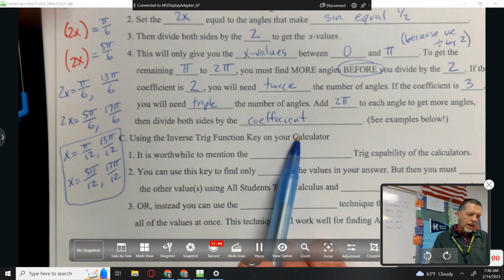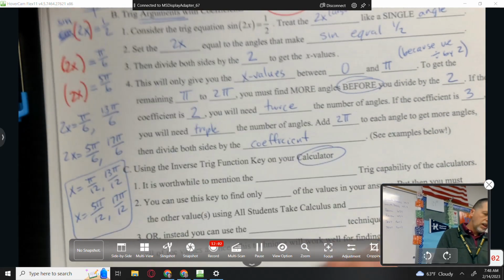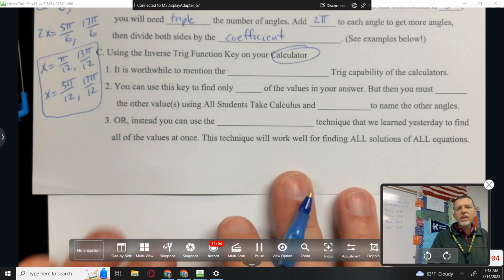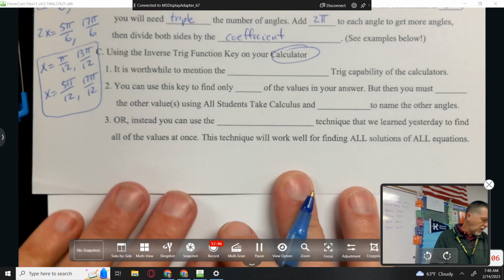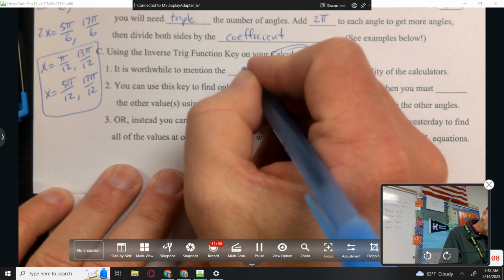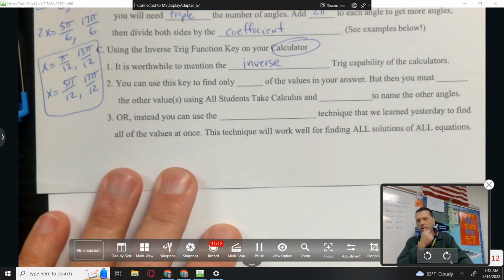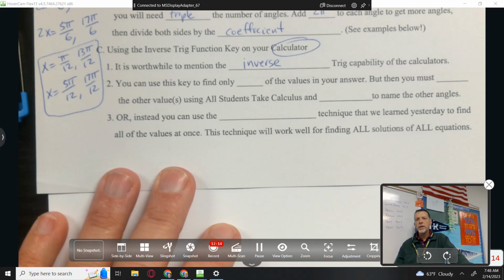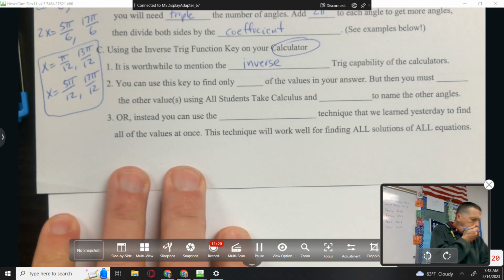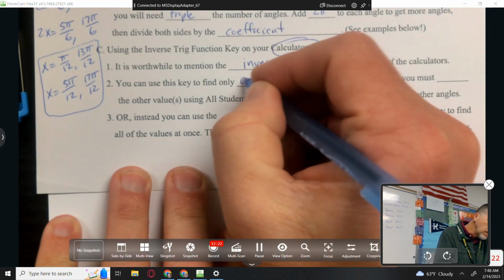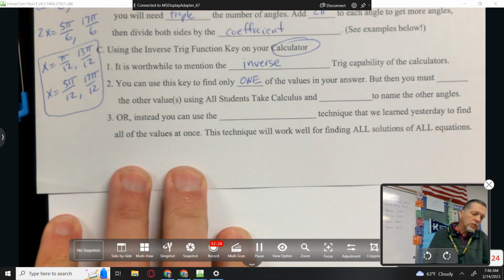We will use the calculator today, but we have to be careful with the calculator, and here's how. It's worthwhile to mention the inverse trig capability of calculators. So we know we can hit inverse sine or inverse cosine on the calculator. But that only gives us one of our answers.